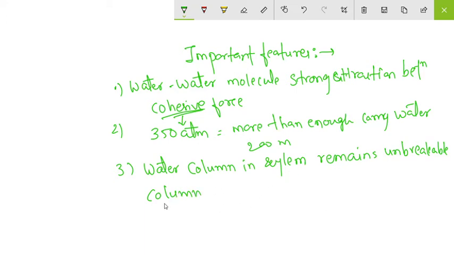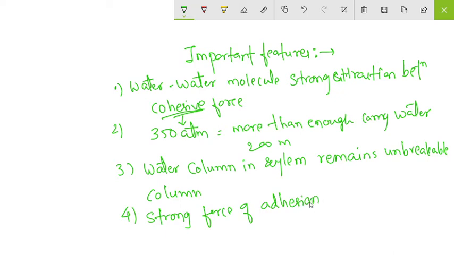Like the cohesive force, there is one more force that works in the xylem between the water, and that is the strong force of adhesion.